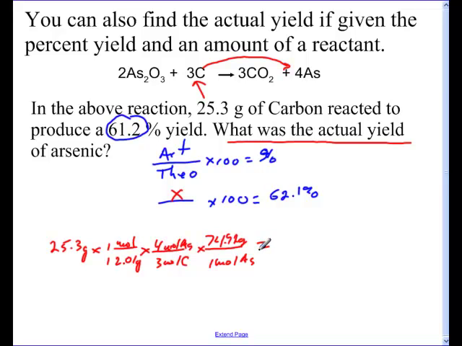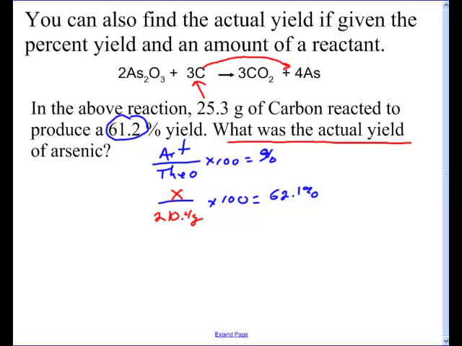And when I work that out, that gives me 210.4 grams. Okay, so again, pencil and paper and a calculator, that's our theoretical. So I'm going to put that number right there, 210.4 grams.